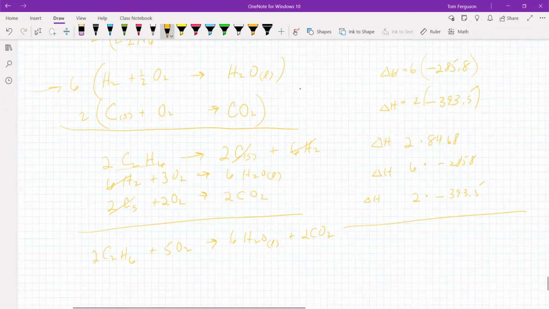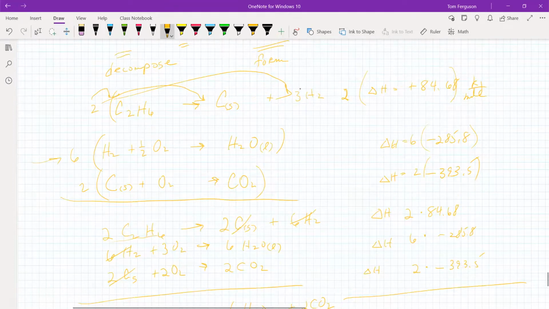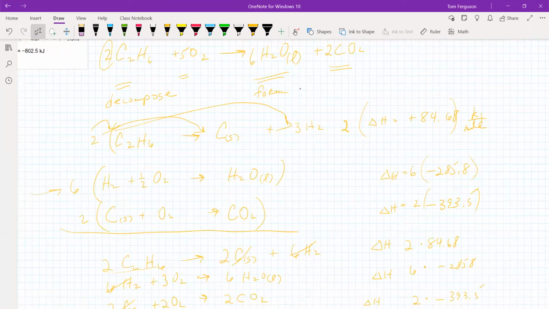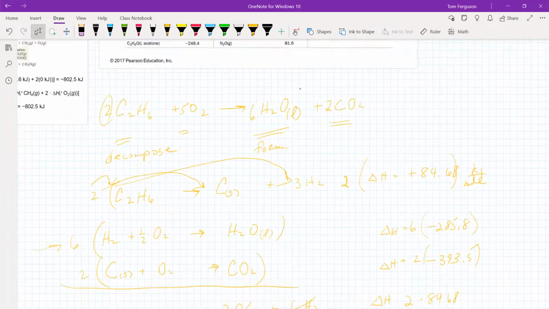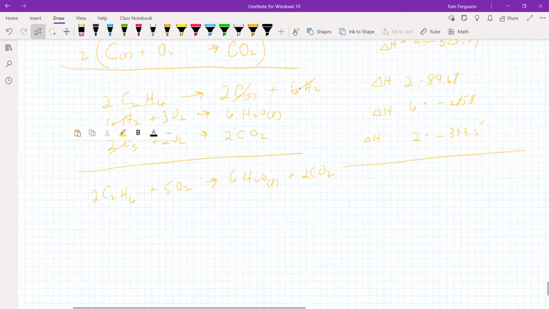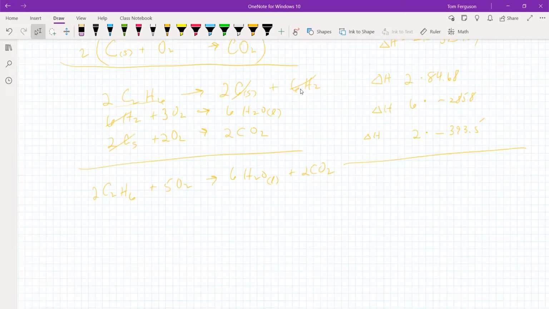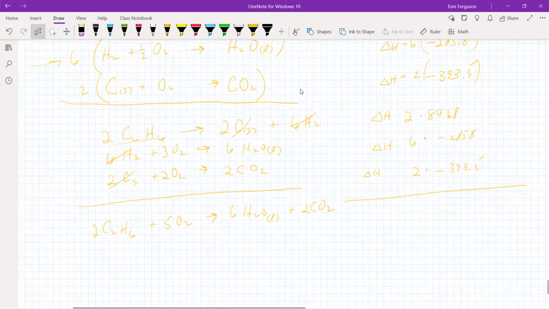Now let's compare that to our original equation here. Yeah, okay. So this agrees. Now we just have to do the math over here.